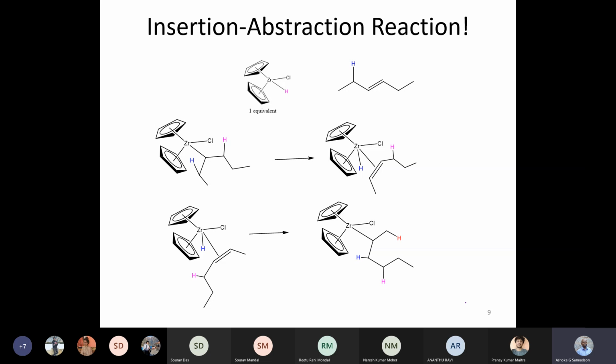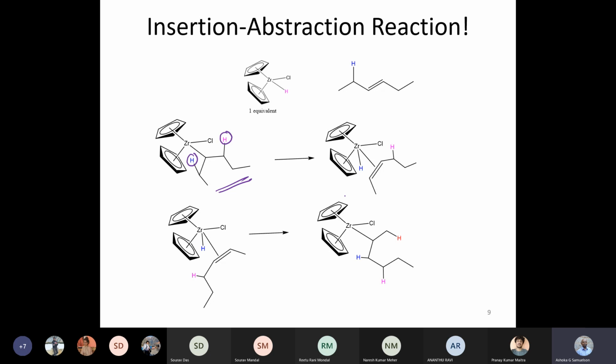So what I have done here, for example, is take the 3-hexene and add the hydrogen. And now you can see that it has got two options. It can do an elimination of the 2 hydrogens which I have circled in violet. Either it can remove the hydrogen which is magenta colored, or it can remove the hydrogen which is blue colored. If it removes the magenta colored hydrogen, it will go back to 3-hexene.